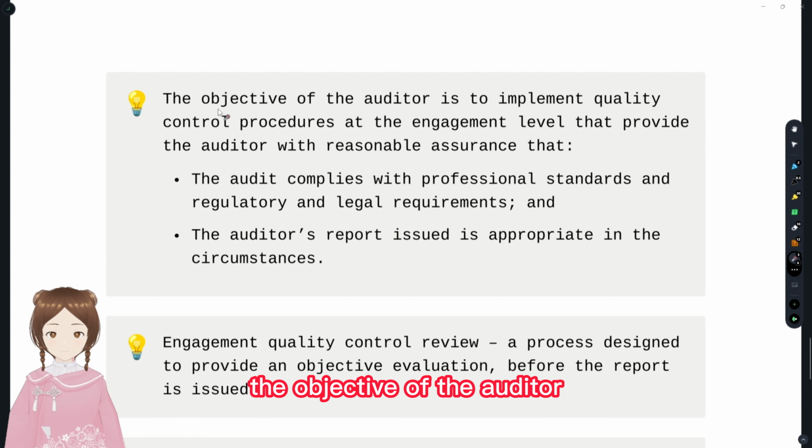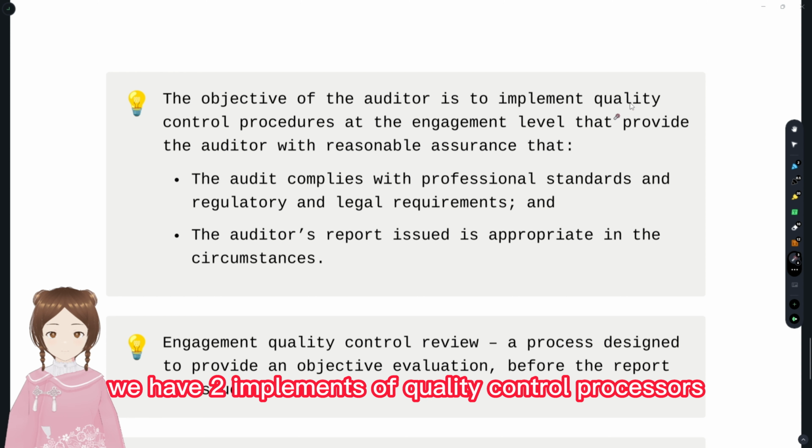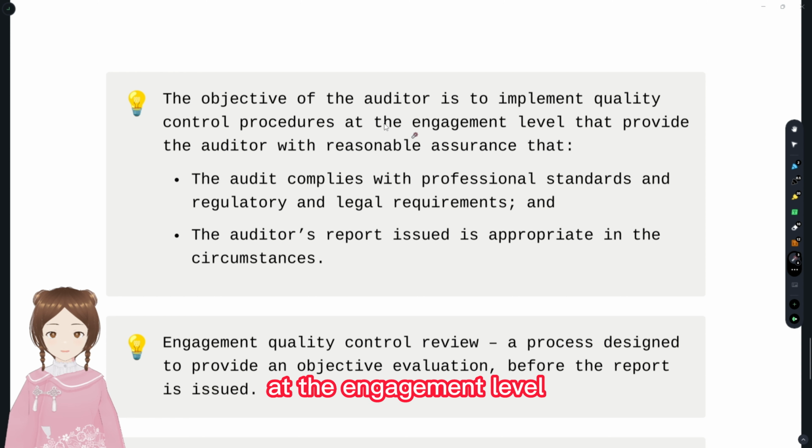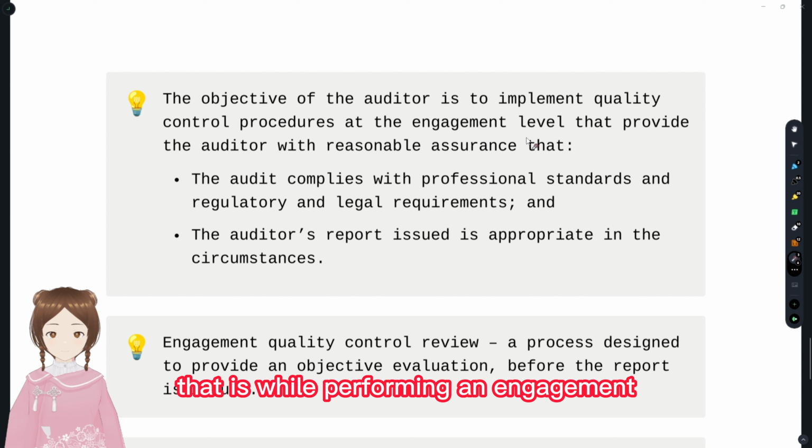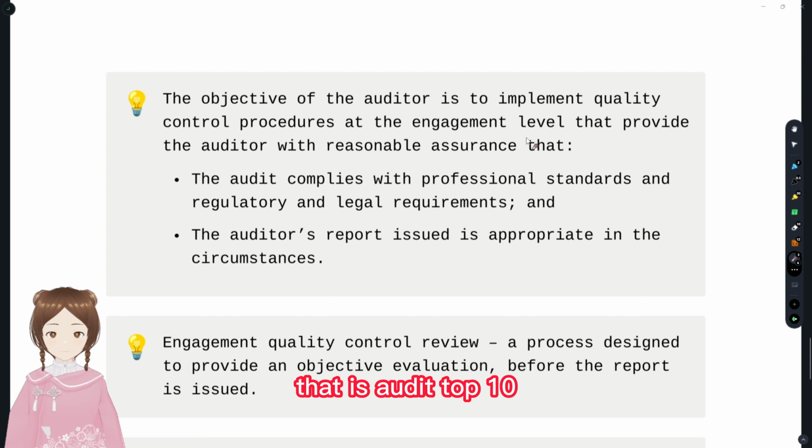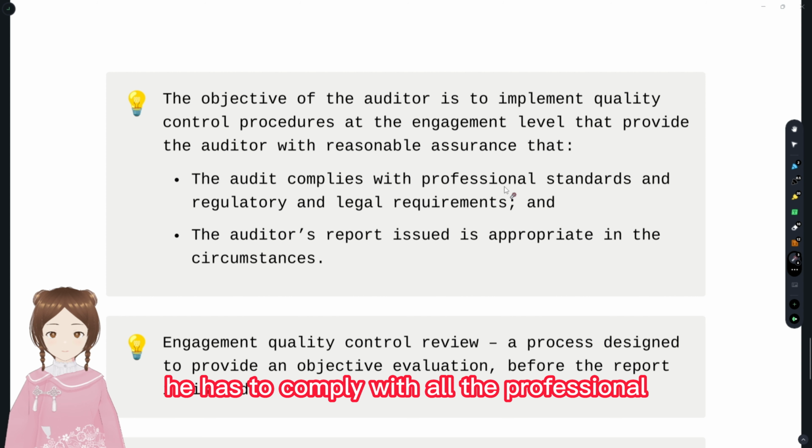They are saying that the objective of the auditor under this standard is to implement quality control procedures at the engagement level, that is, while performing an audit, to obtain reasonable assurance on two duties. First, he has to comply with all professional, ethical and regulatory requirements.